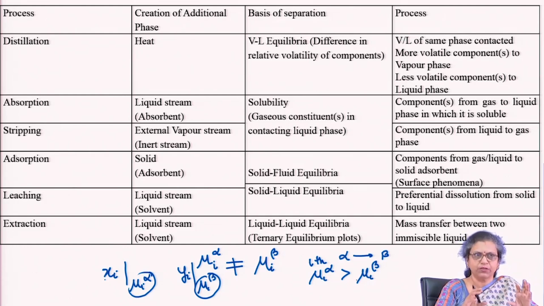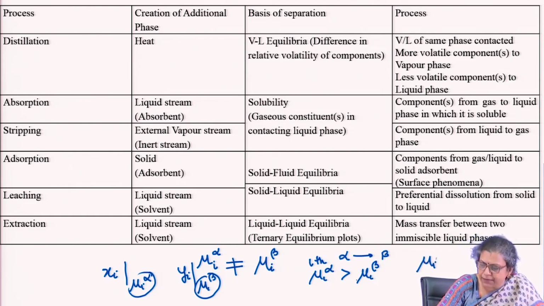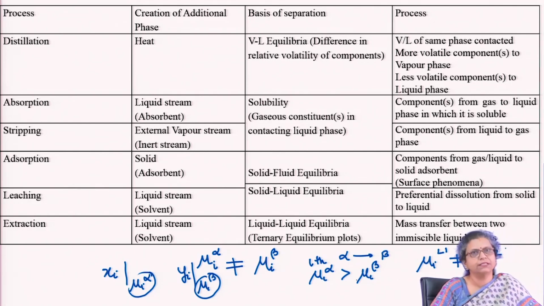That means the two liquid phases may have some miscibility, and they usually do, but they definitely form two distinct immiscible phases, and there is one component or more than one component which diffuses from one liquid phase to the other liquid phase, just because the mu of that component I in liquid 1 is not equal to the mu of that component in the second liquid phase.